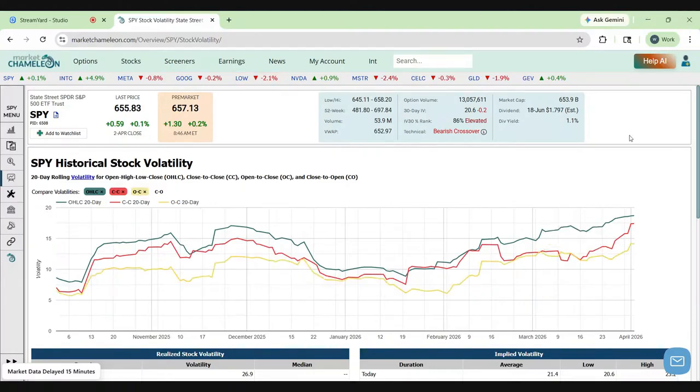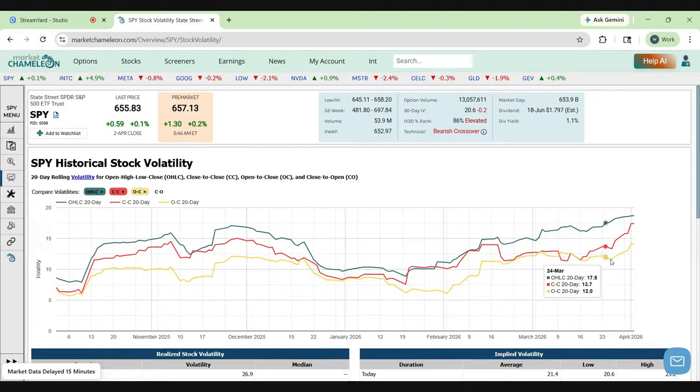So here we get this yellow line, and you see that there was this initial gap here where it suggested that a lot of the volatility was due either to the gap or to the high low of the day. But the intraday volatility was lower, and then it started to pick up.